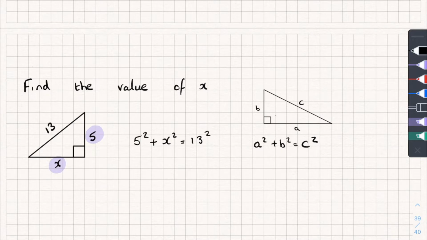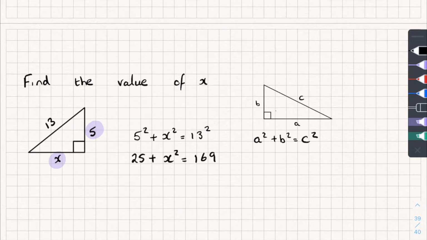From here I'm going to do the same again. 5 squared is 25 and x squared I don't know, so I'll leave it as x squared. 13 squared is 169. So now I've got 25 plus x squared equals 169. But I want to get x on its own, because I want to find out what x is, so I want to solve this equation.